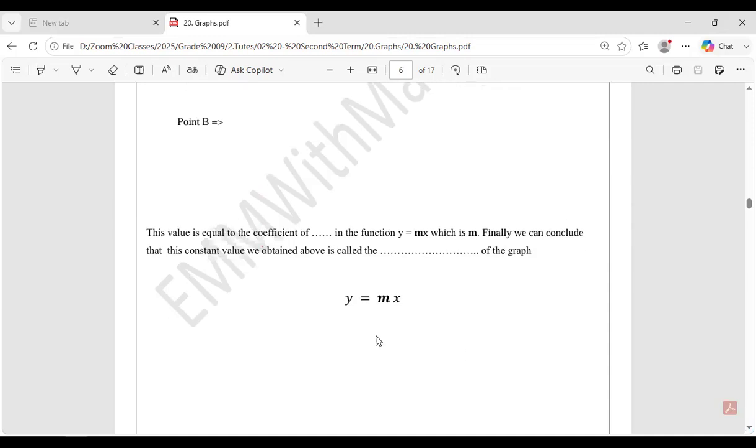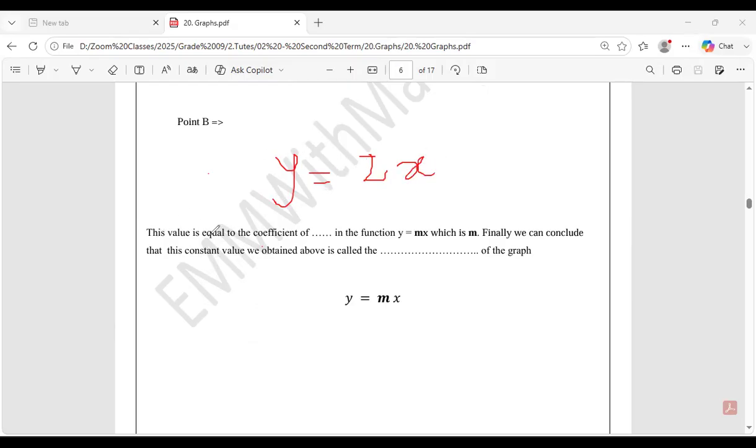So what is this? The value is equal to the coefficient of x, right? So we are talking about the y equals 2x graph now. Can you remember I told you earlier? We have drawn y equals 2x.